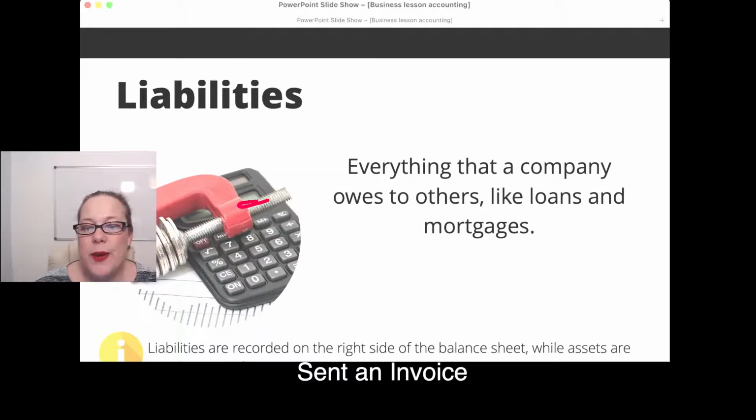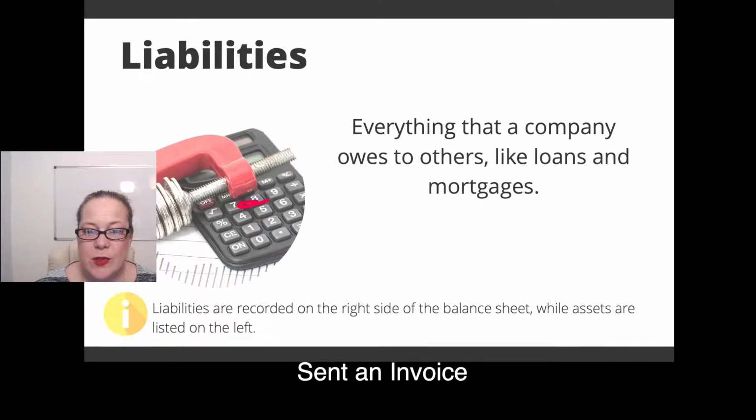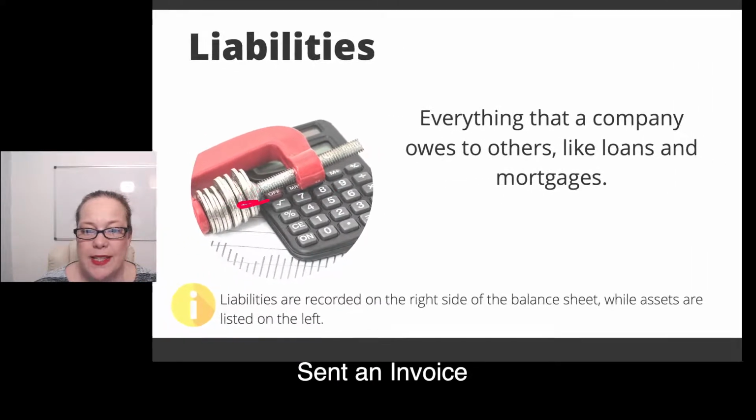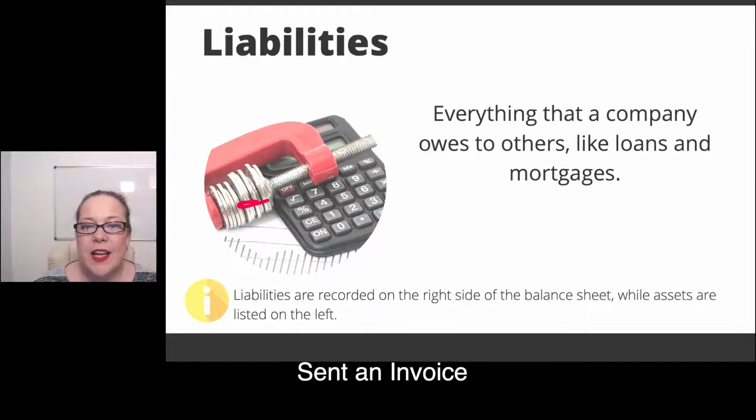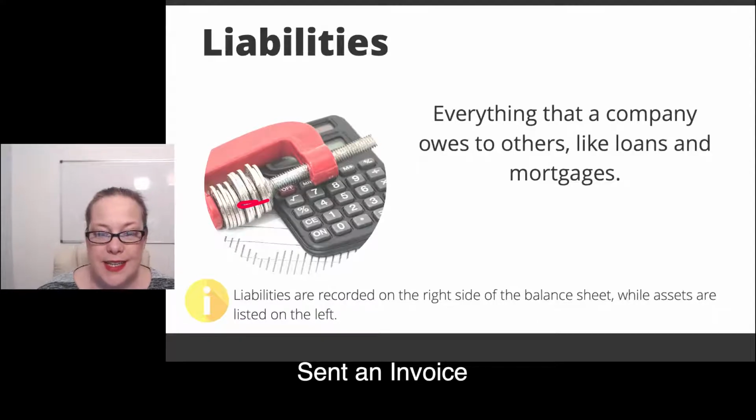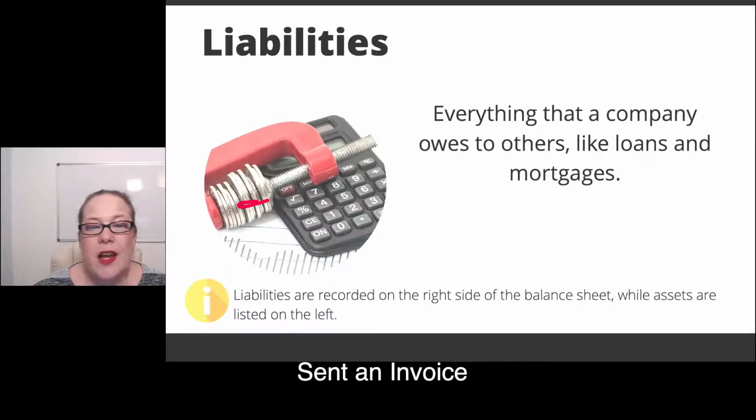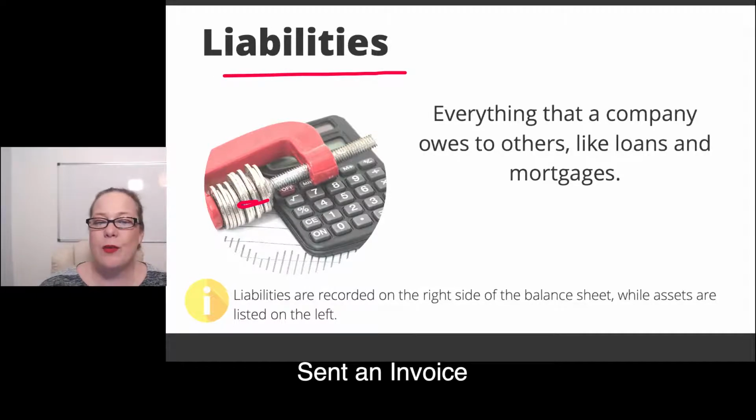And it's also going to look at your liabilities, okay? So let's have a little look at what liabilities are. Accountants often talk about assets and liabilities. They're typical English words for business accounting.